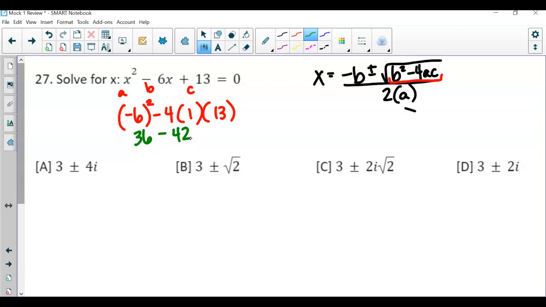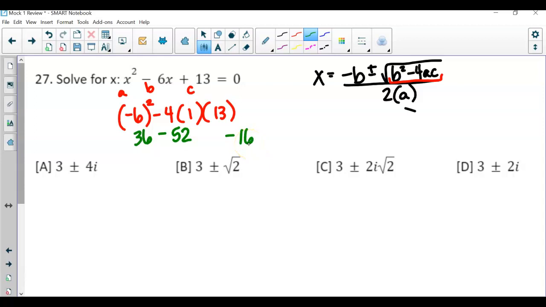Oh, no, I'm sorry, not 42. Oh my goodness gracious. Let me redo that. That's not 42, I apologize. That's going to give you negative 52, if I'm not mistaken. So now I've got to subtract, and here I end up with negative 16.